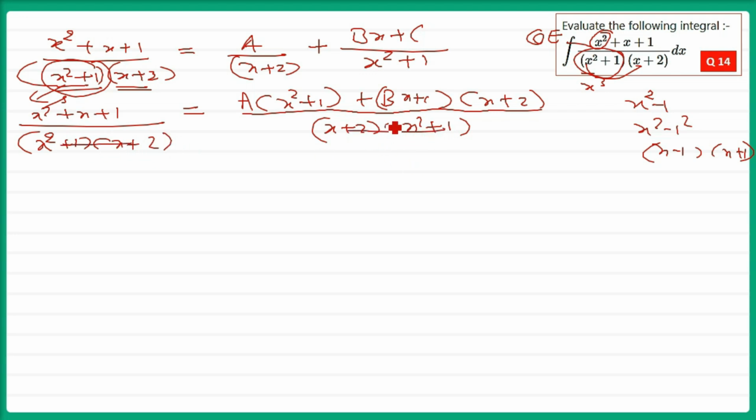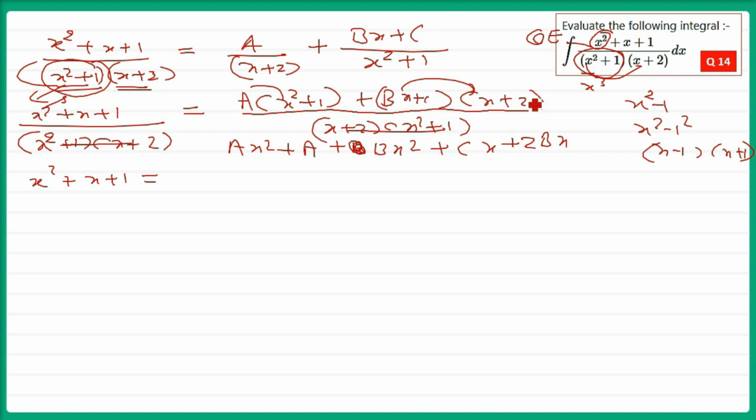For that you have to multiply a with x square plus 1, and bx plus c with x plus 2. Left hand side x square plus x plus 1 only remains. On the right it will be a into x square plus a, then bx plus c multiplied by x, so bx square plus cx, then bx plus c multiplied by 2, so 2bx and then 2c.